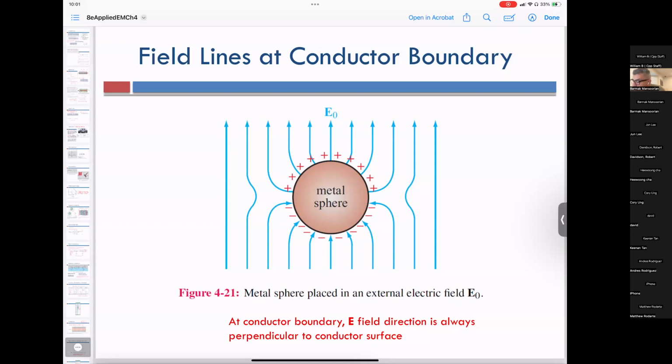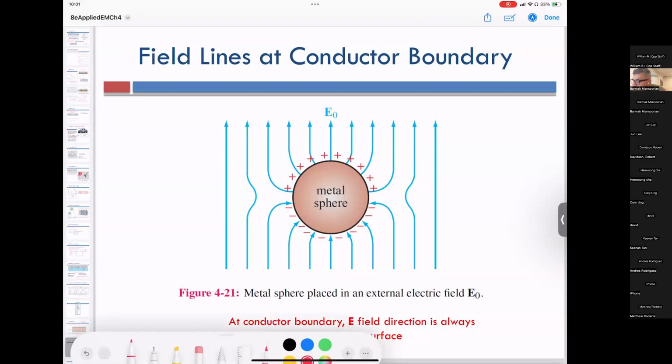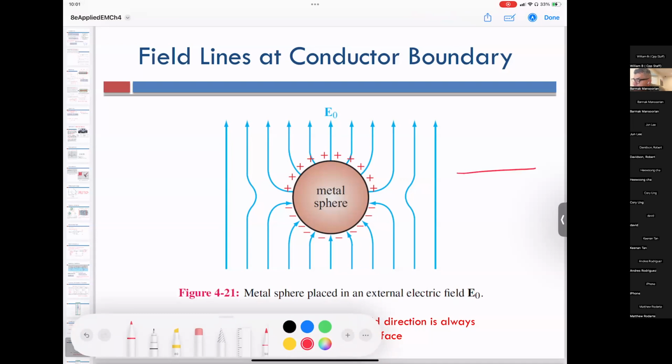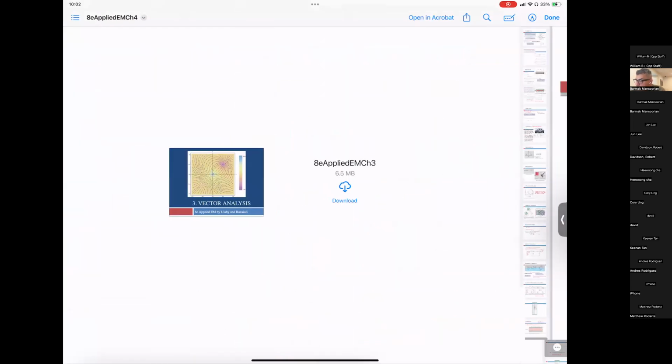If this was a surface and I had an electric field terminating on it, it would always have to be vertical to that surface. I can't ever have a grazing field. It's possible to have one, but it means it's not a perfect conductor. A non-perpendicular direction of electric field on a conductor would not be allowed.